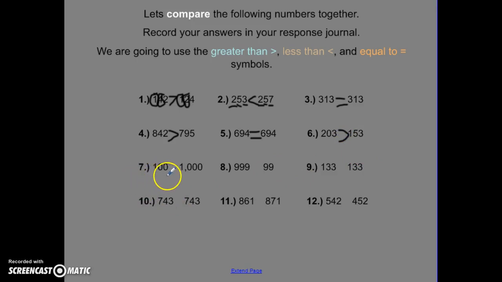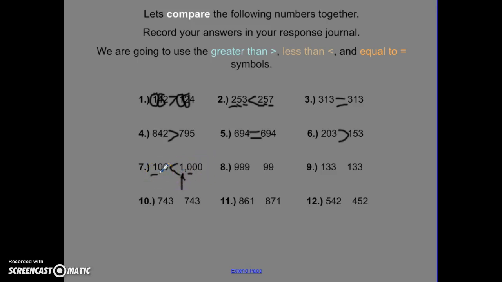Next I have 100 and I have 1000. This one is a little trickier, friends, because I see this number in the hundreds place, but this number has a 0 in the hundreds space because this one is in the thousands place. By this number having a number in the thousands place and this not having a number in the thousands place, right away that tells me that this is greater than 100. So 1000 is greater than 100.